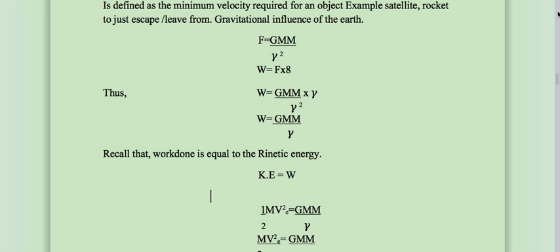Mathematically, that is KE equals W. What is KE? Half mv squared. M, the mass, V, the velocity. However, that velocity is now what we call escape velocity, equal to the work done, which is G, capital M, small m, all over R.